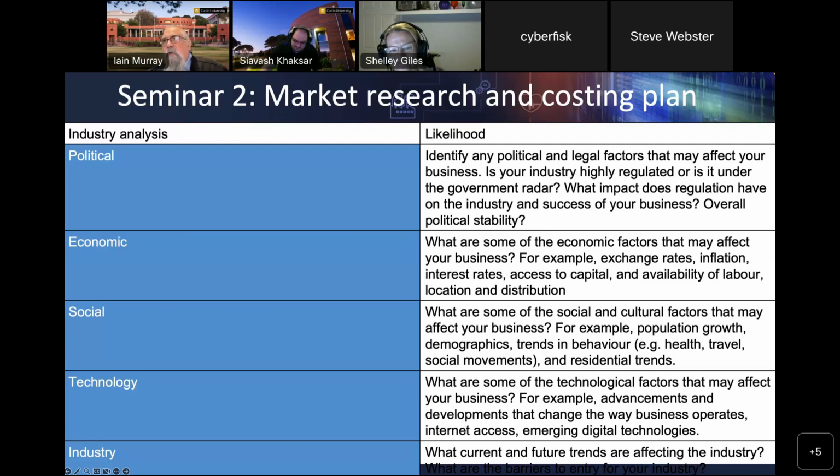Look at the economic factors. Again, this is applicable to everyone because even in that, I'm glad we've got this local government one because it gives us an example of one of the extremes. If you're in local government, as I said, you've got a budget and you're going to have to justify that budget. So what are the economic factors that are going to help you maintain and justify your budget?